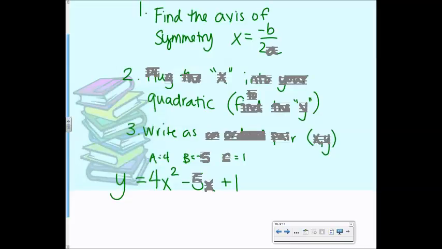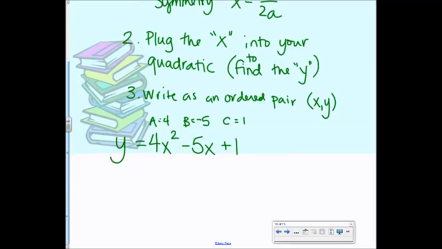So if I plug in -5 for b, what does it end up becoming? Positive, because what happens with two negatives? They make a positive. So 5 over, and then what's a? 4. So what's 2 times a? 8. Good. So x equals 5 over 8.